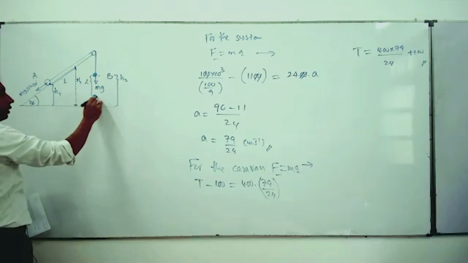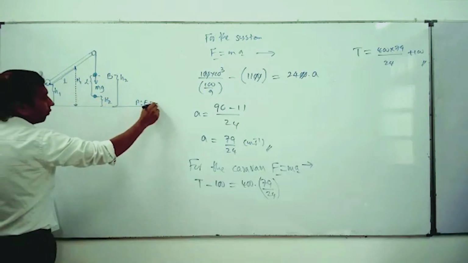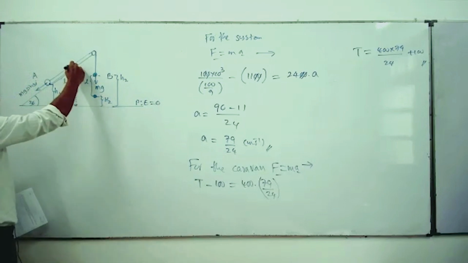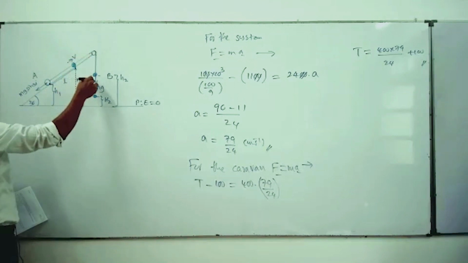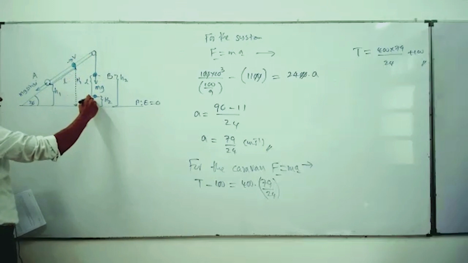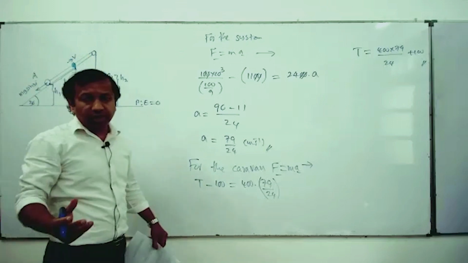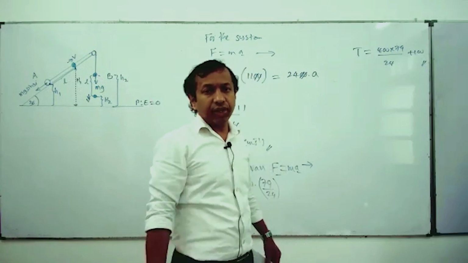Let us take this as capital H2. Now you can take the potential energy zero level here. Once particle A reaches this position, suppose its velocity is v, then the other particle B also has the same velocity v. You agree with me? Then in this case, you can apply conservation of mechanical energy.